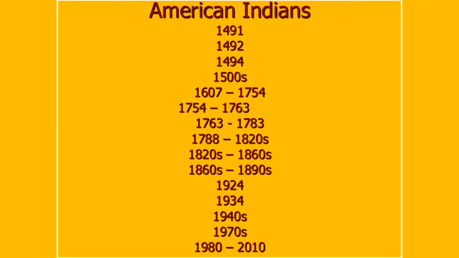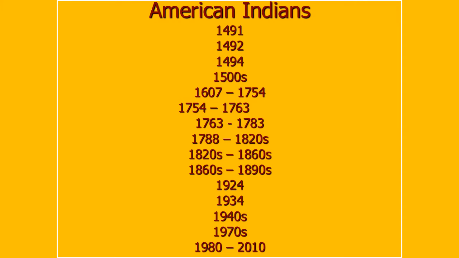Population-wise, in North America, they say between 4 and 7 million. I know that's a huge variation, but there was no census. So up to Columbus coming here, there's about 4 to 7 million. And I mentioned in a previous episode that 90% of the Indians were killed by disease.